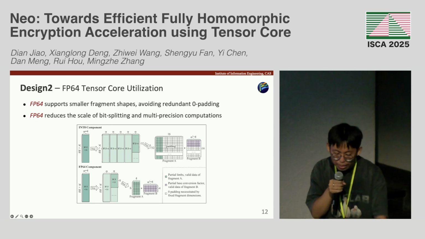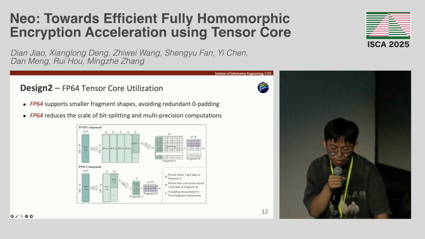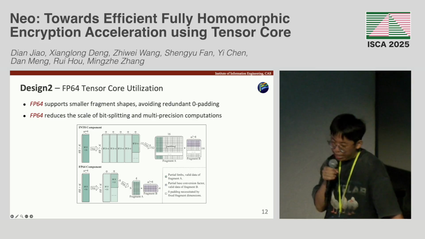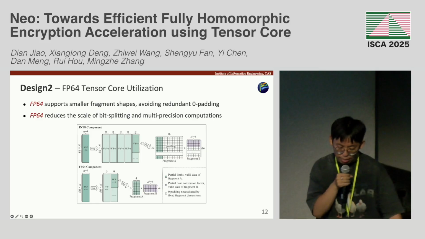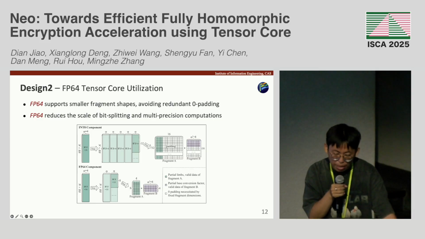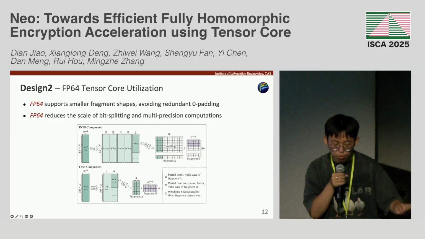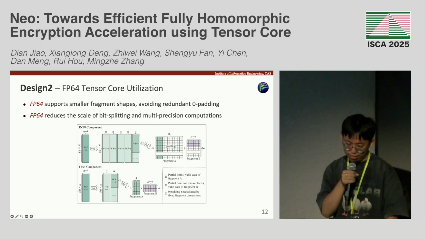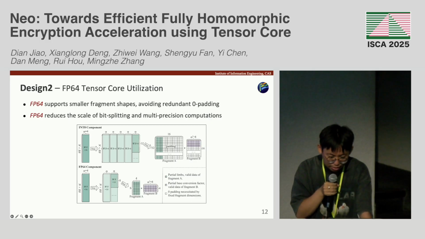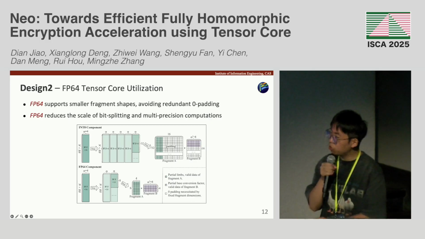After transforming base conversion and inner product into matrix multiplications, the key dimension is relatively small, like 4 on the common parameters. This means the input data cannot fill the minimum fragment, requiring zero padding to be added for unused parts.